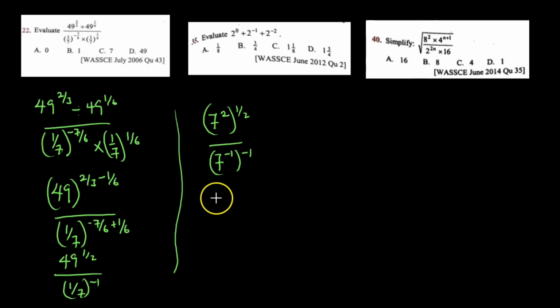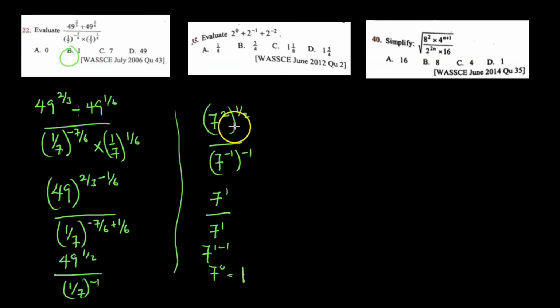So we simplify: we have the numerator being 7 to the power 1 divided by 7 to the power 1. Now you can use the quotient law, which is 7 to the power 1 minus 1, which is 7 to the power 0, which is equal to 1. So the final answer is 1, which is possible answer B.